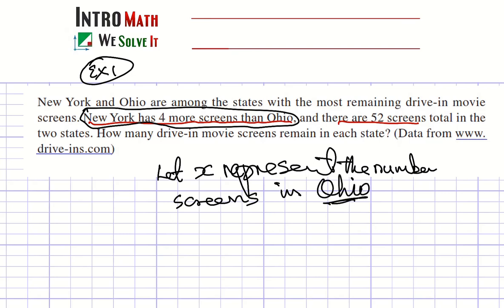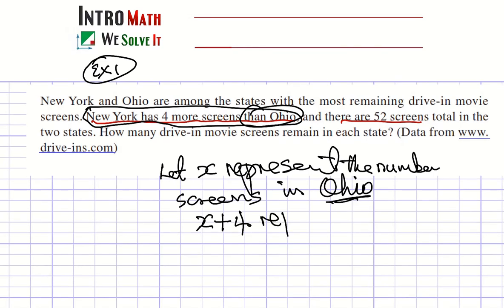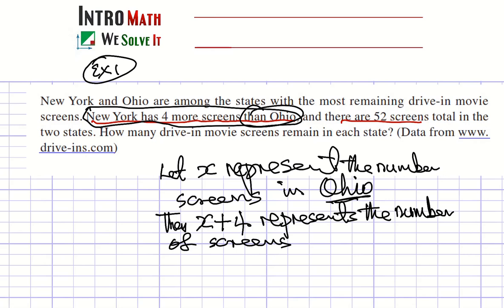That's why I said that gives it away. Once you do that, if X represents the number of screens in Ohio, then X plus 4 represents the number of screens in New York.